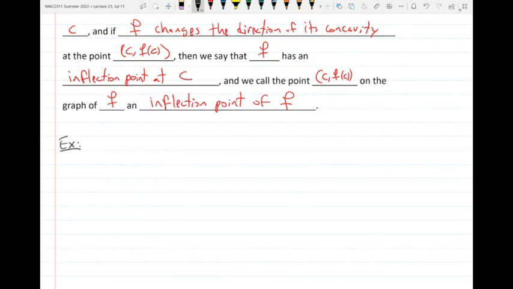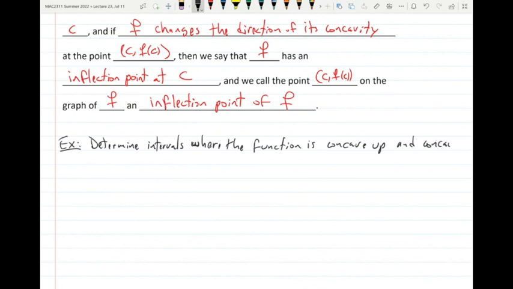Okay, so example: determine the intervals where the function is concave up and concave down. Okay, then also find all inflection points.